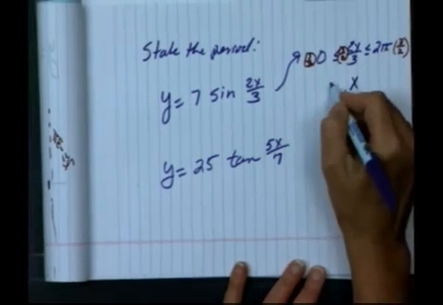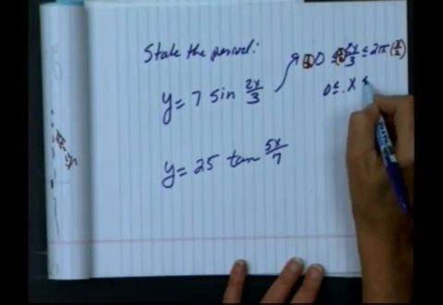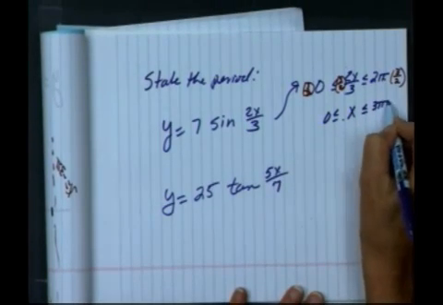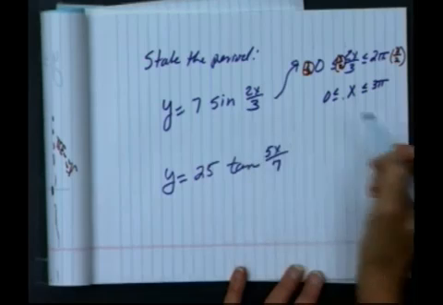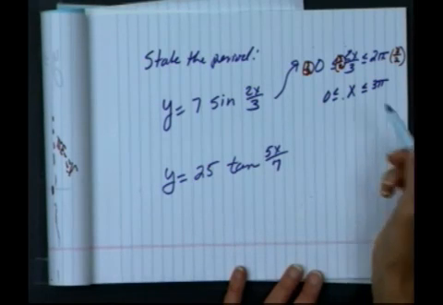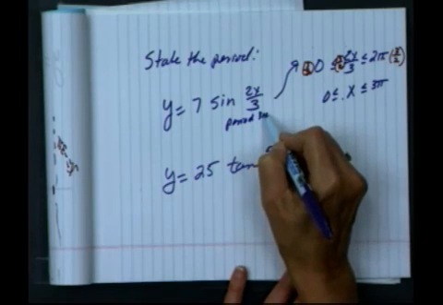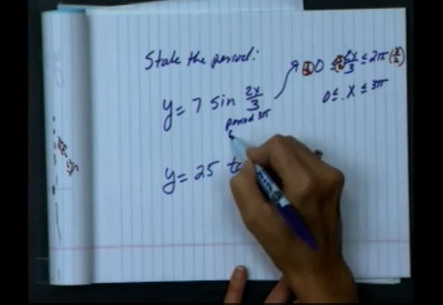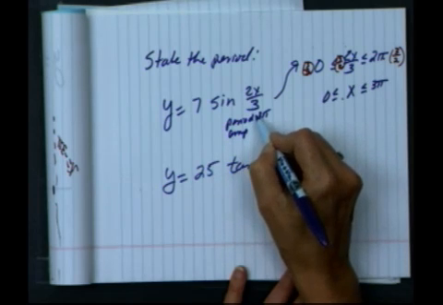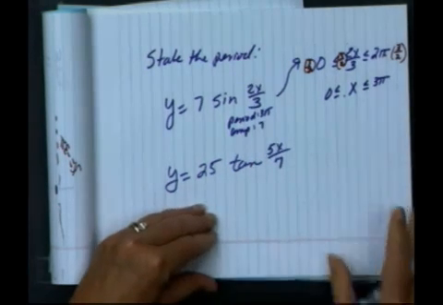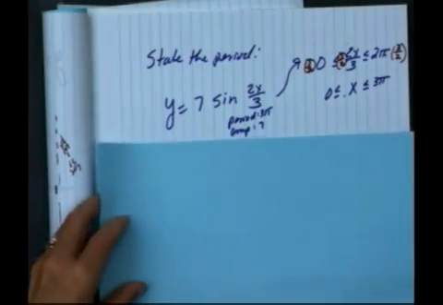So 0 is less than or equal to x, less than or equal to 3 pi. So what is my period? 3 pi. What's my amplitude? 7.